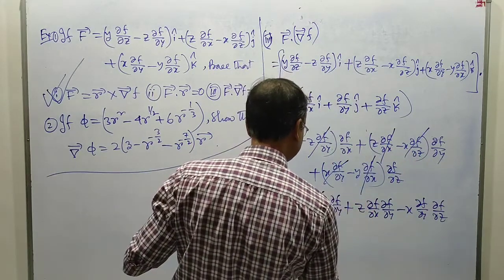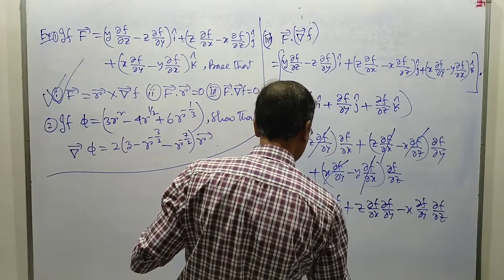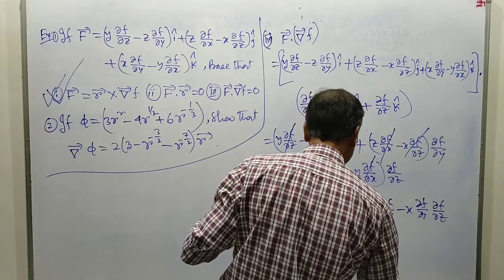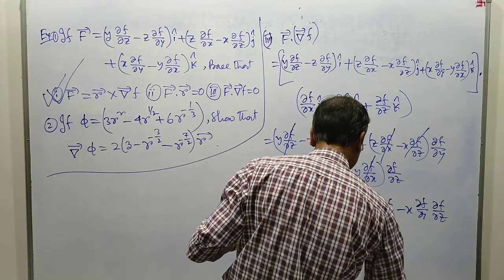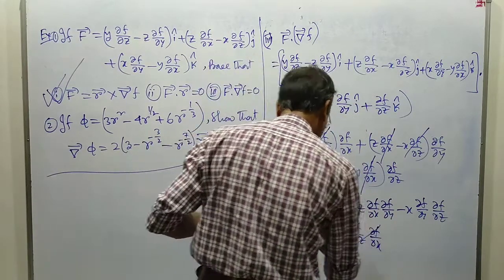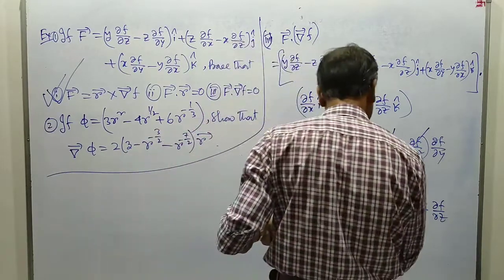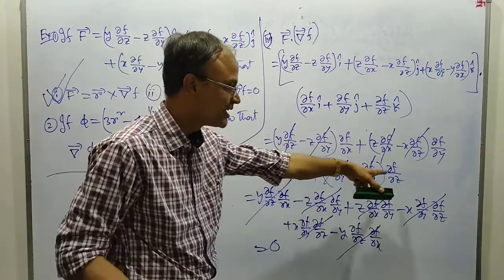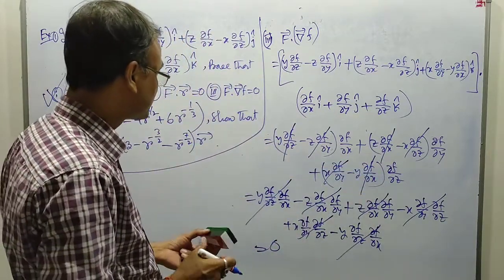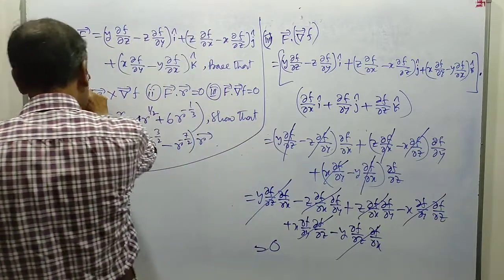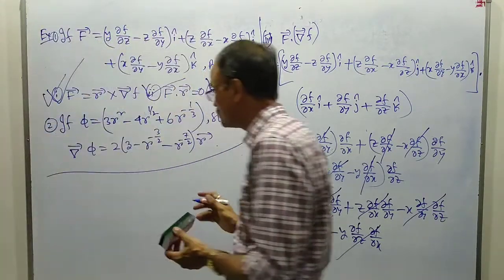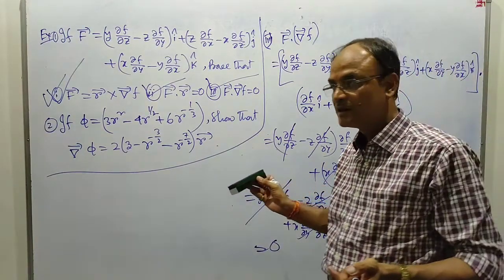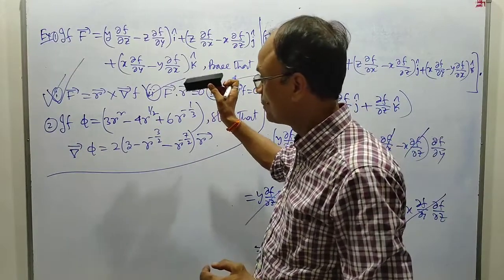Plus x ∂f/∂y ∂f/∂z minus y ∂f/∂z ∂f/∂x. You see, these two terms will be cancelled. These two terms will be cancelled. Will be equal to 0. Here also you may write this will be equal to 0. The third one has also been proved. We have proved number 1. Number 1 has been completely proved.